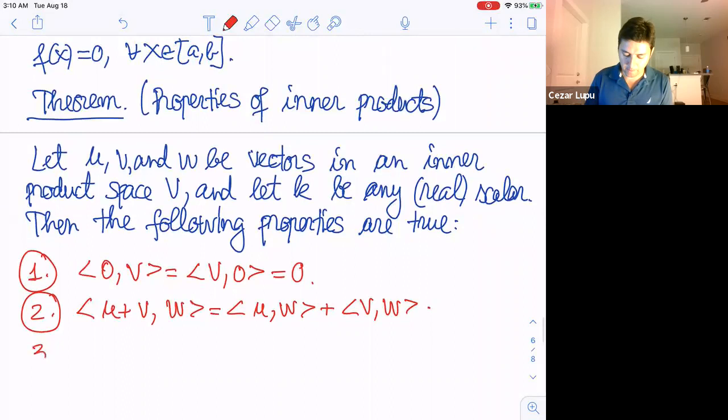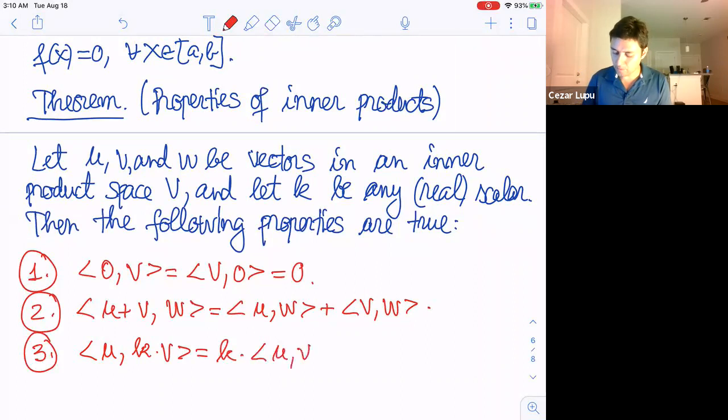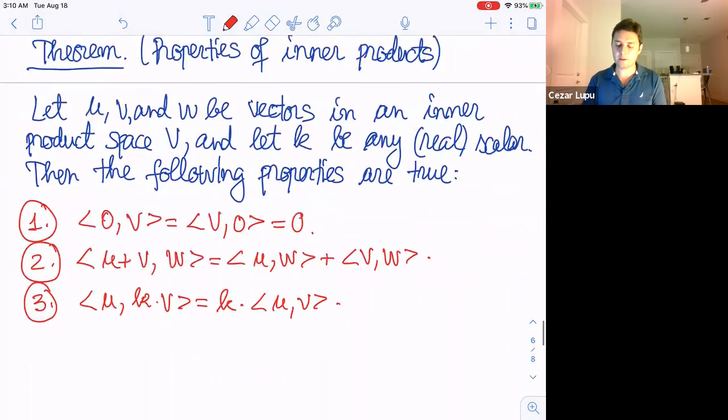And the third one, the inner product between u and k times v will be nothing else than just k times the inner product of u and v. Okay, these are the properties. They are a consequence of the definition.